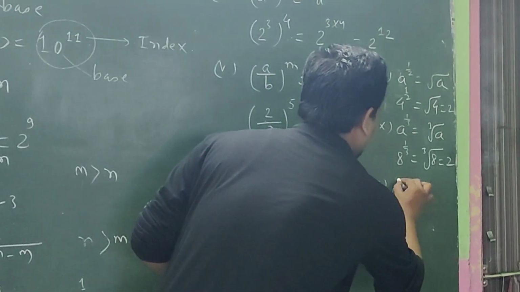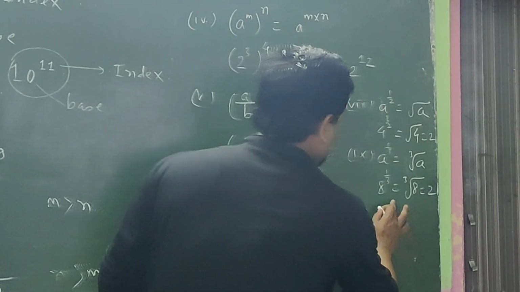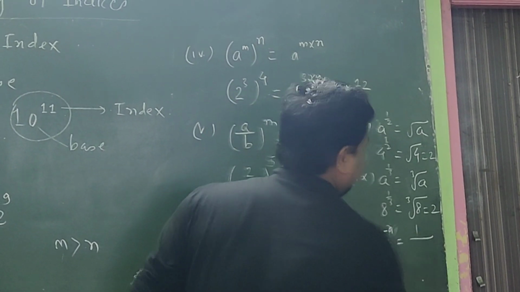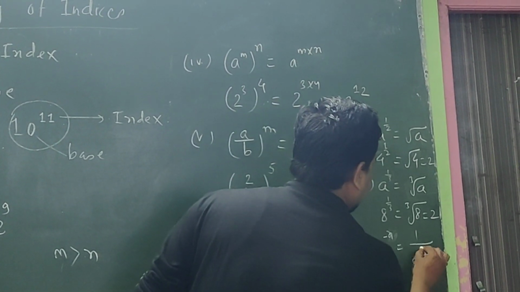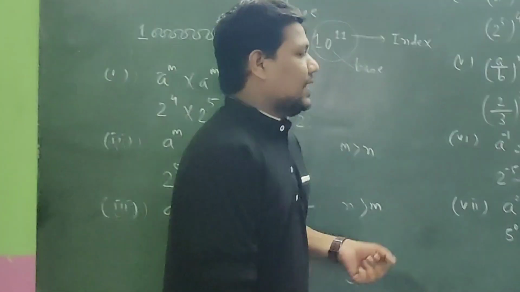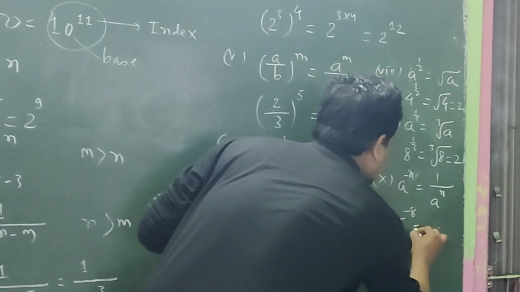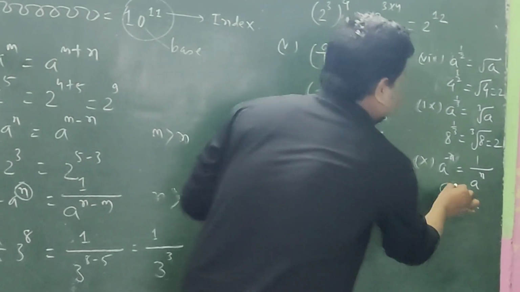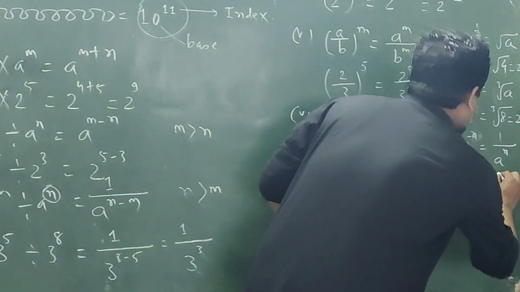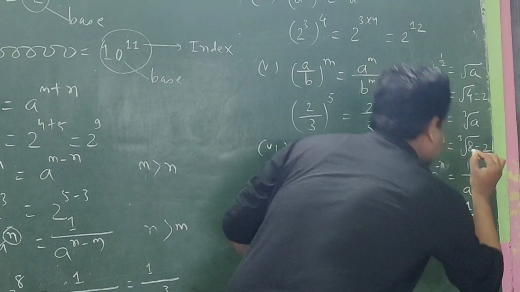If a raised to minus n, or any number raised to minus n, then if we take this in the denominator, this index number will be positive. Let's go through an example. 5 raised to minus 8: this is the index number and here it is negative, but if we put that in the denominator, it will be positive.